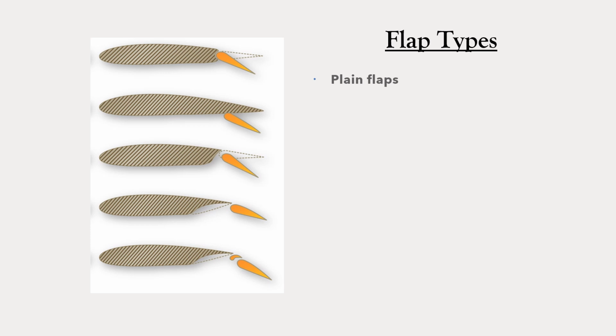Simply, the last section of the wing is a separate piece, which is on a hinge and hinges at that point to deploy like this. A split flap is actually a separate piece on the bottom of the wing that moves, and creates this little gap here when it's deployed.